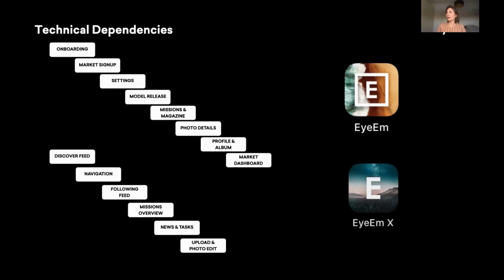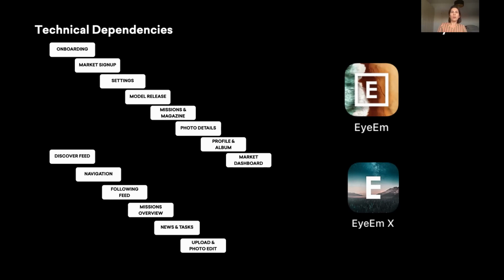So we made a decision that helped us to stay in an iterative, agile development cycle, but still be able to add features to the App Store gradually. Here's what we did. We have our core production app, the EyeEm app, which is available on the App Store and Google Play.